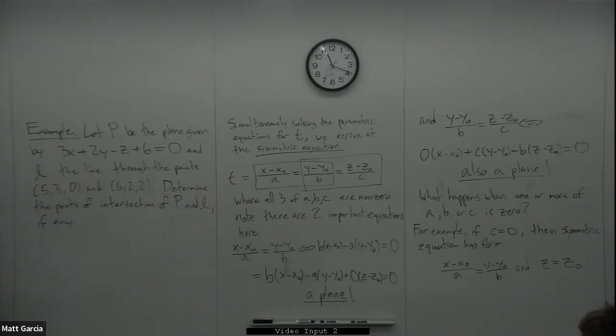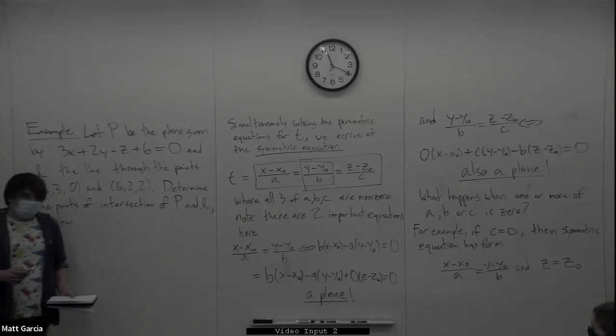Okay, so what are the possibilities before we start trying to compute anything? What can happen here? The line and the plane could be parallel, which tells us what about their intersection? Exactly. Very good. So here's my line.